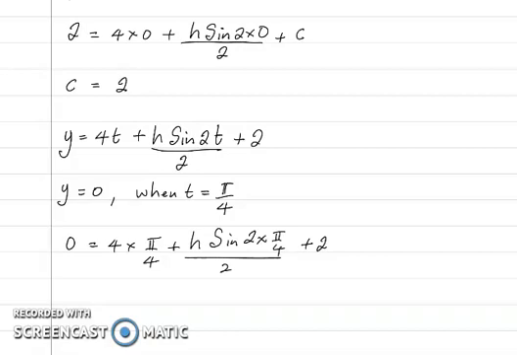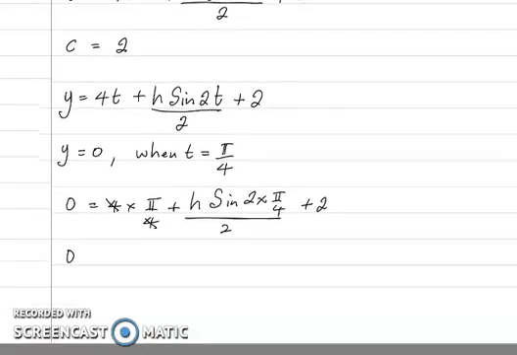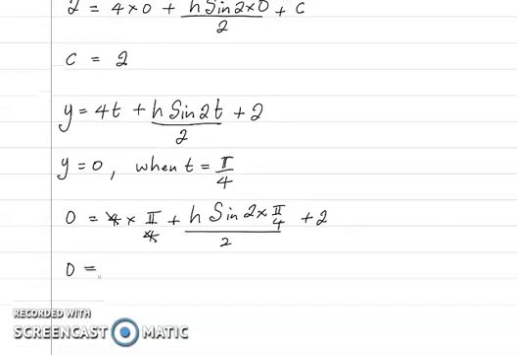All right, we can cancel, and so we get 0 is equal to pi plus h, the sine of pi by 2 over 2 plus 2.